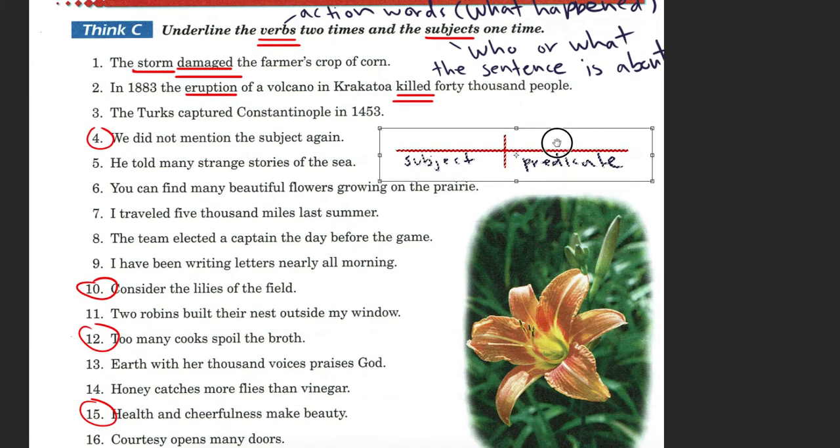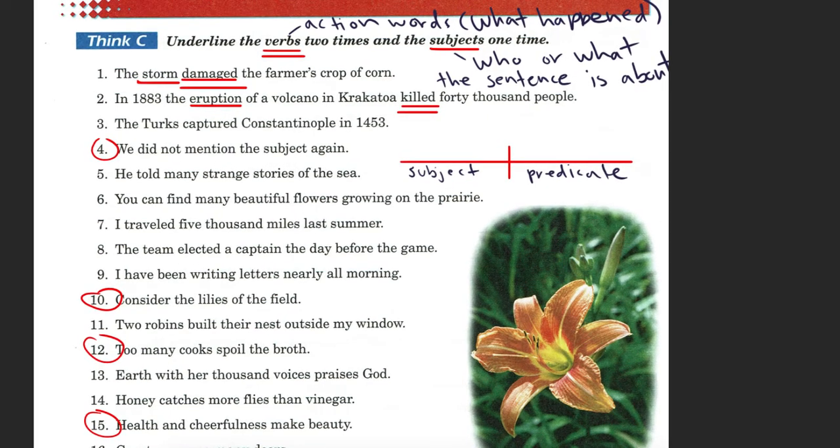Okay, let's underline it first, actually. We did not mention the subject again. So what's the verb? The verb is mention, something you can do. Who did I mention? We did not mention.